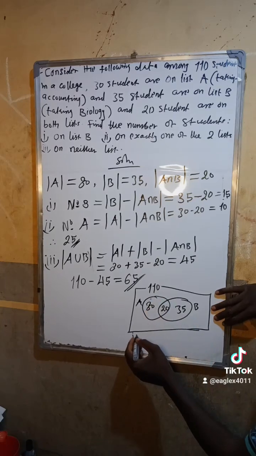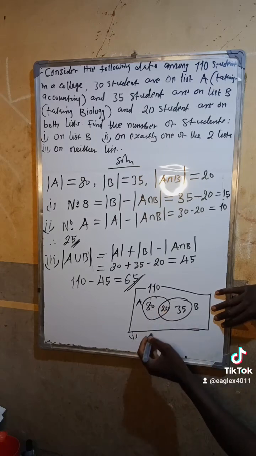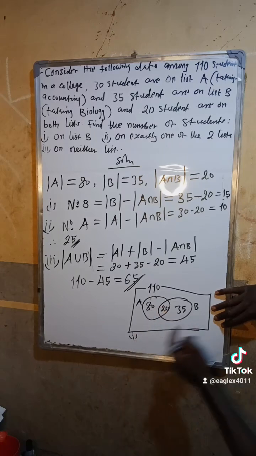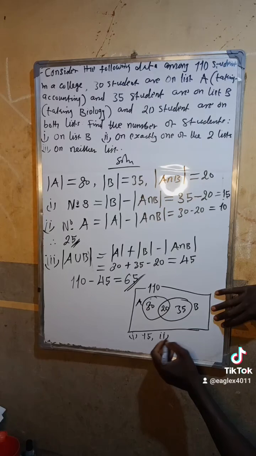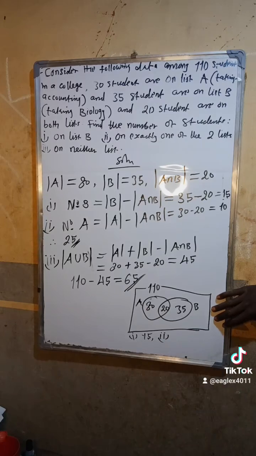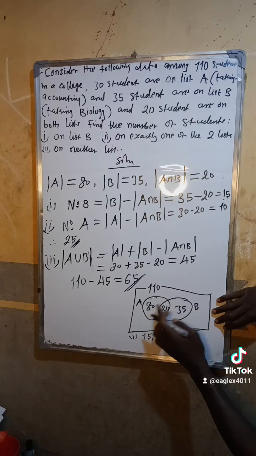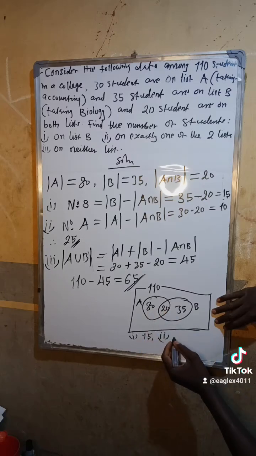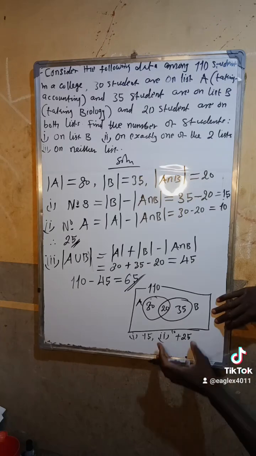Then from here, our question 1 is going to be 35 minus 20, which is equal to 15. And question 2, those that are only in A, we subtract 20 from 30. Then it's going to give us 10. And if you add the 10 plus this 15, it will give us 25.